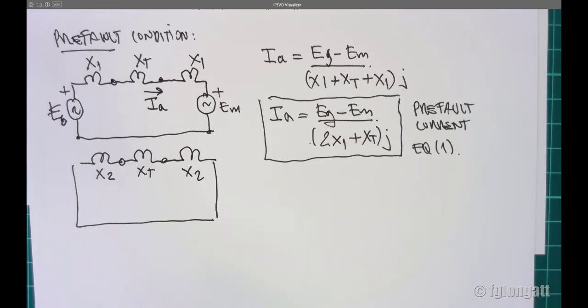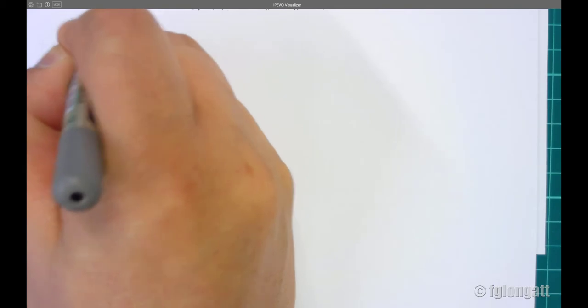Now, this is the pre-fault condition. But the only place where I have very good data is during the fault conditions. During the fault conditions, I know the symmetrical components of all currents. What I will do now is go back and look at the fault conditions.